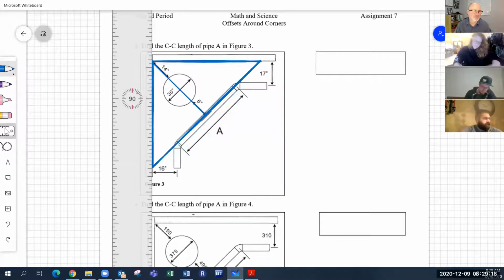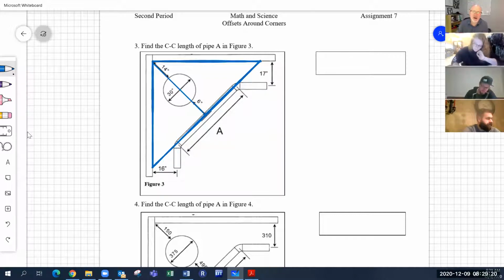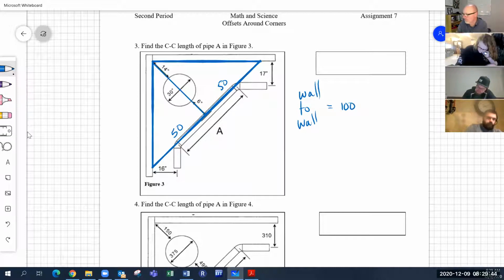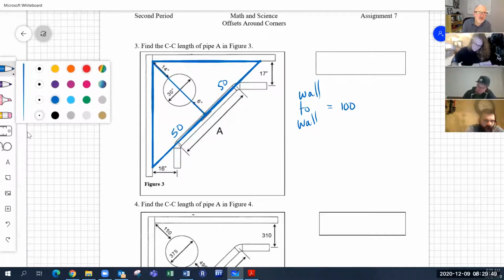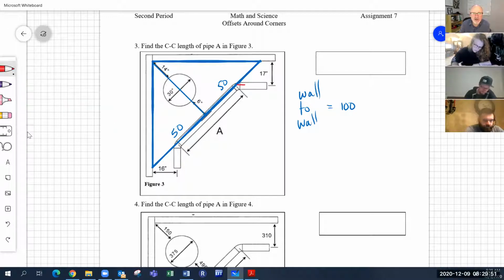There we go. Now I can get my wall-to-wall measurement. My 14 and 30, which is 44 plus 6, is 50 and 50. So wall-to-wall measurement is 100 inches.